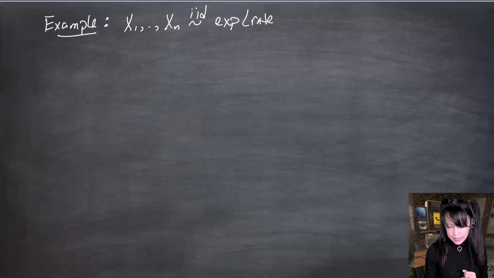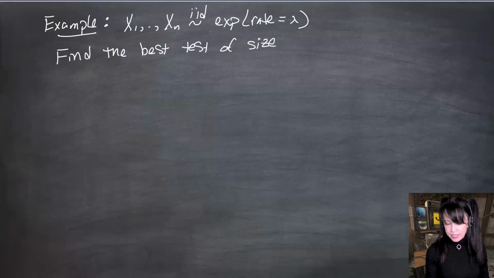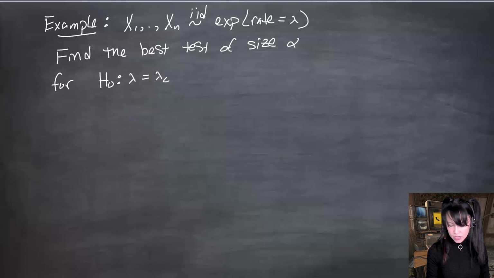Let's try it. Let's go back to our tried and true exponential. Suppose I have x1 through xn IID exponential with rate lambda. And suppose that we want to find the best test of size or level of significance alpha for the null hypothesis that lambda is some lambda naught versus the alternative hypothesis that lambda is some lambda 1.